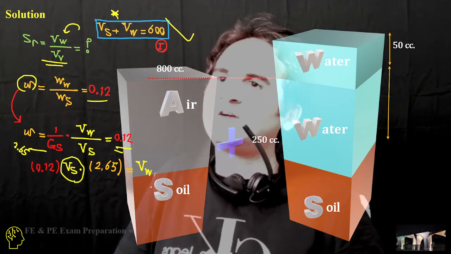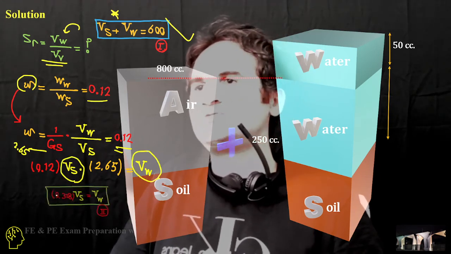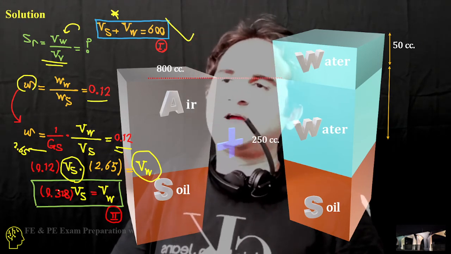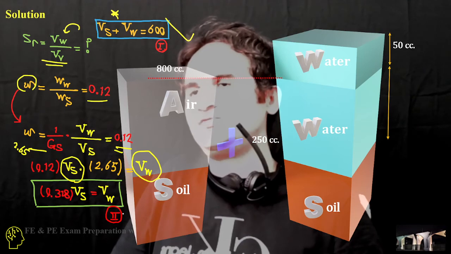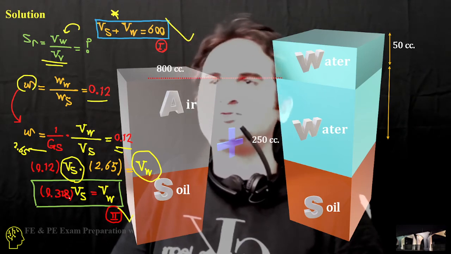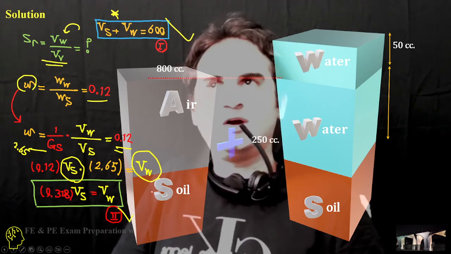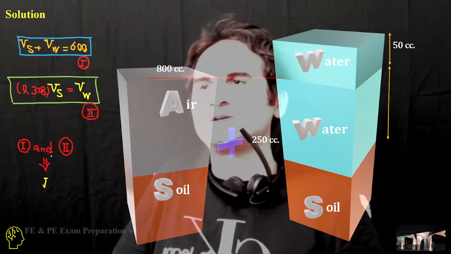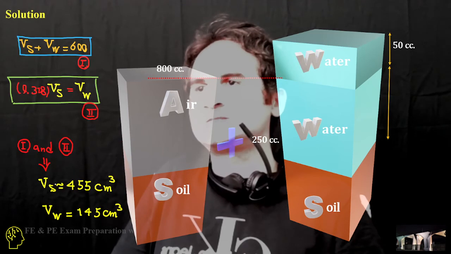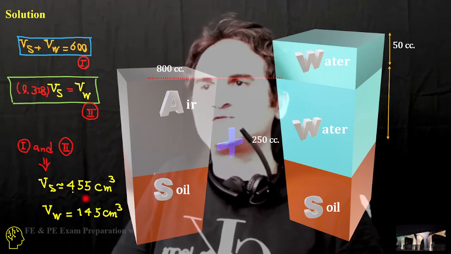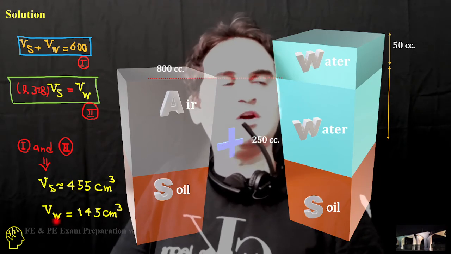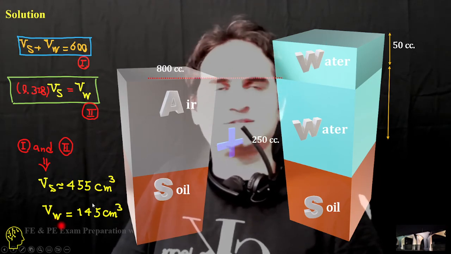We get a second relation between Vs and Vw: 0.318 Vs is equal to Vw. If we call this equation 2 and solve equations 1 and 2 simultaneously, it gives us Vs, the volume of soil, of almost 455 centimeter cubed, and Vw, the volume of water, of 145 centimeter cubed.